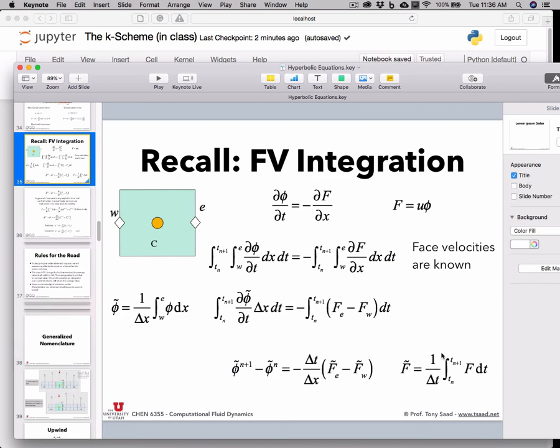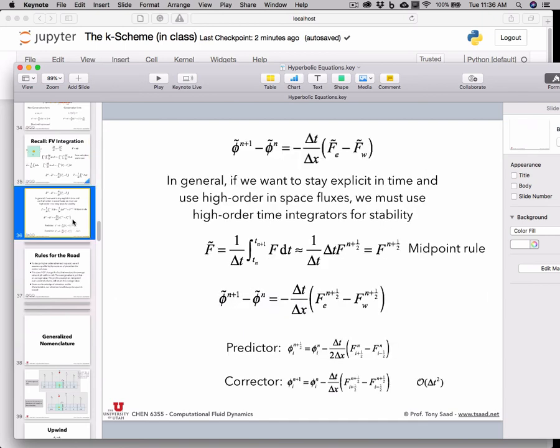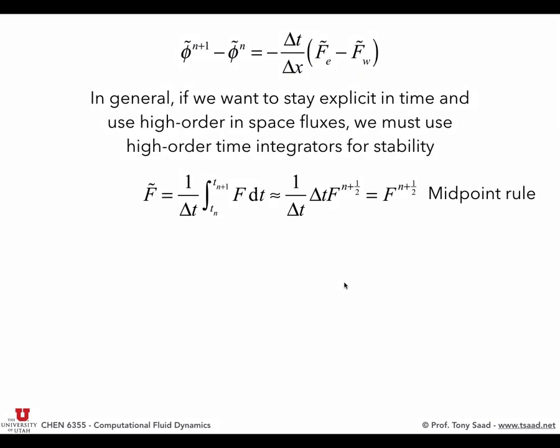We said last time that we're going to need a high order time integrator, so we went ahead and approximated the numerical flux at the faces using the midpoint rule, which gives you the value of the flux at n plus half. But we don't have n plus half, so we need a two-step method. So you do a predictor.